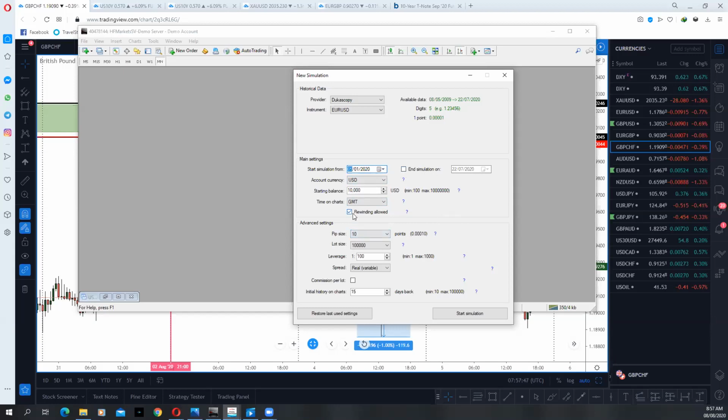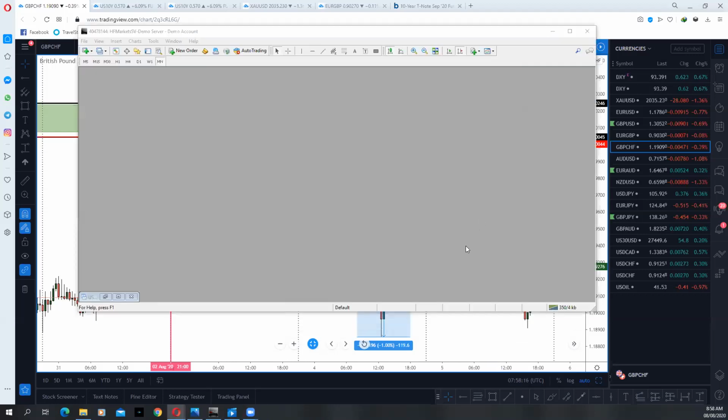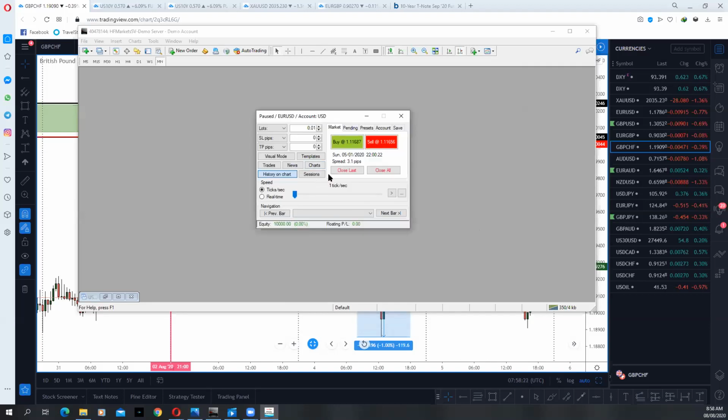Then if you select this, that means you can rewind. What does rewind mean? That means you can move the chart forward and move it backward. But that's just for teaching purposes, let's leave it. Then initial history on charts. I always advise you leave something like, they said the maximum is 100,000. You can leave something like 5,000 so that you have more charts to your left-hand side. So once you've done that, you click on Start Simulation. When you click on Start Simulation, something is going to pop up. When this pops up, you could go to charts.